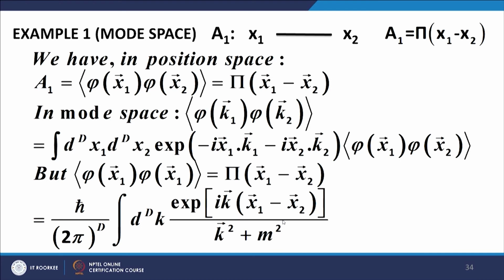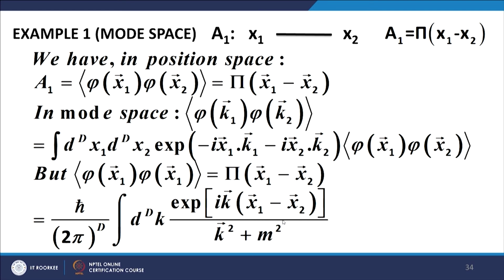Some examples of mode space computations, or Fourier space computations. In the position space, we have, for example, the 2-point function given by the expected value of phi x1 and phi x2. This is in the position space, and this is the expression for the propagator also.